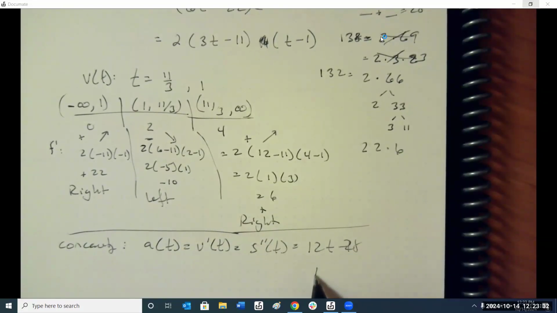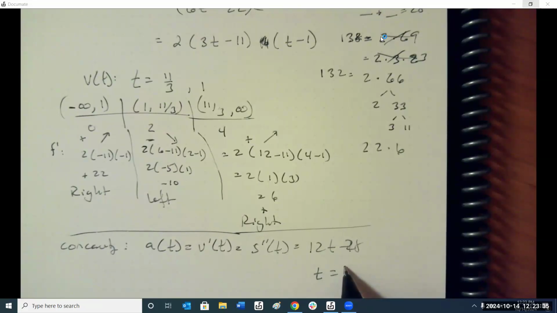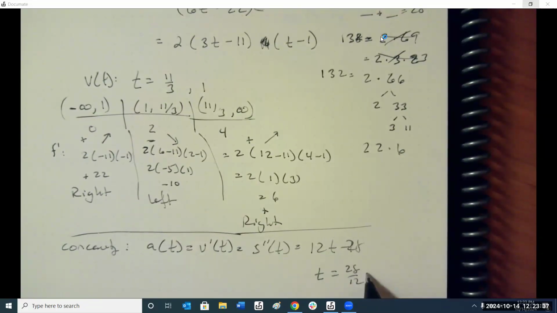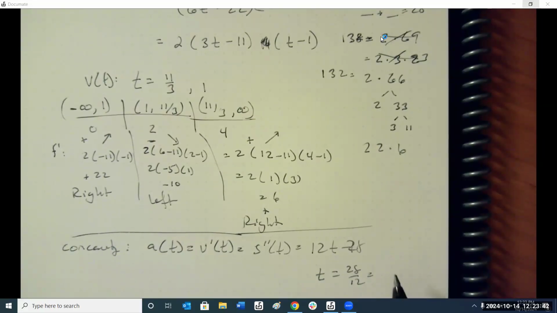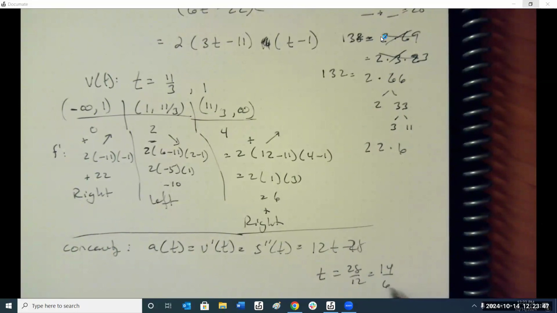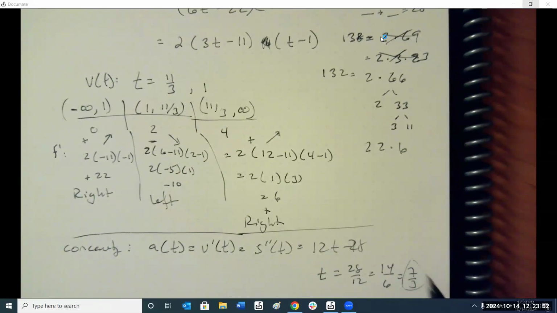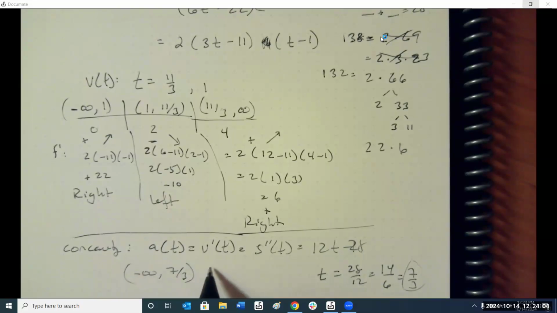We get t equals 28/12. Makes it 14/6, 7/3. So from -infinity to 7/3, and then from 7/3 to positive infinity.